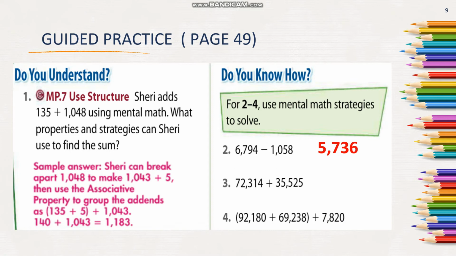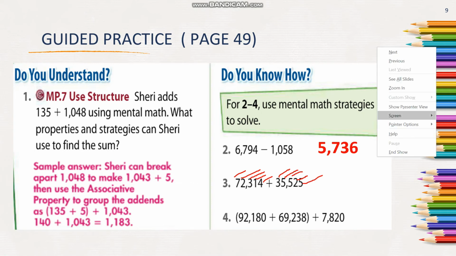Number 3, 72,314 plus 35,525. So if I'm going to use break apart here, I'm going to break 72,314 into 70,000 plus 2,000 plus 300 plus 10 plus 4. Then 30,000 plus 5,000 plus 500 plus 20 plus 5.